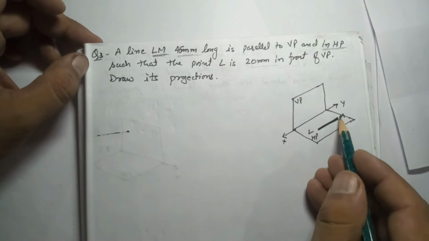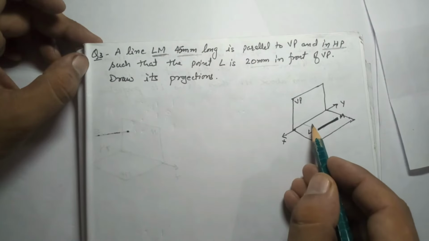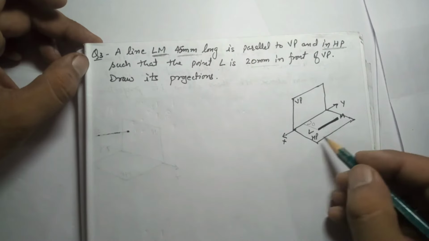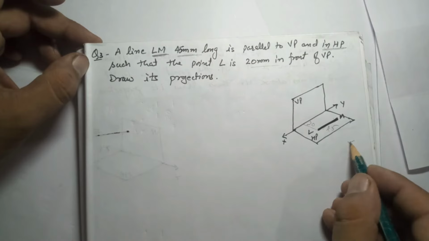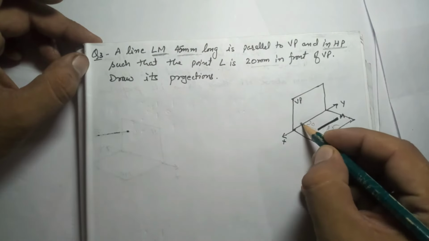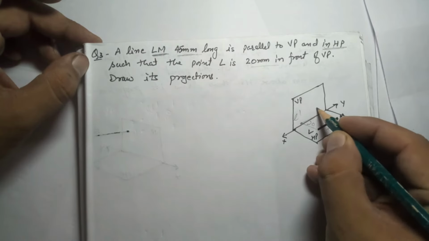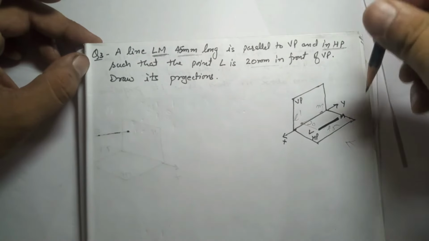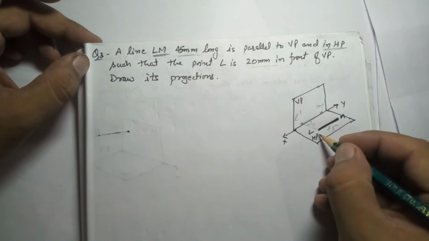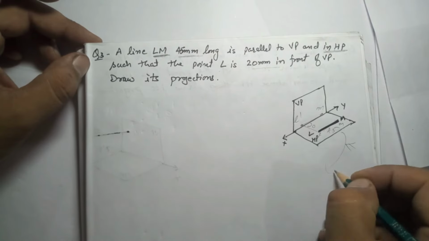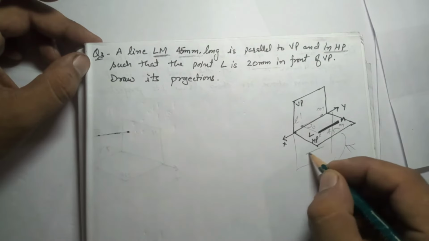I have drawn the diagram, this line is in HP. This gap is given 20 mm, the length of the line is 45 mm. When you see the front view from this side, you can see L dash M dash on the XY line, and when you see the top view, it will be here, same LM, and when you rotate, it will go down, LM will be parallel to XY.